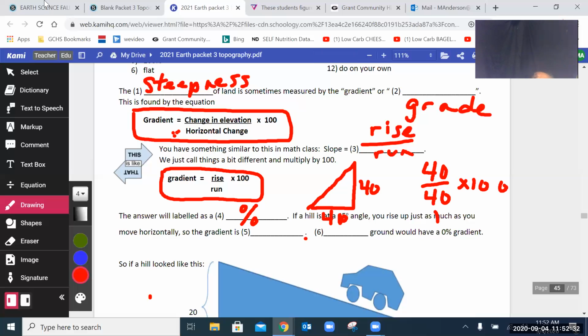Well, 40 over 40 is 1. Multiply that by 100 and you just get 100. So the gradient for a 45-degree slope is 100%. Completely flat ground has a gradient of 0.